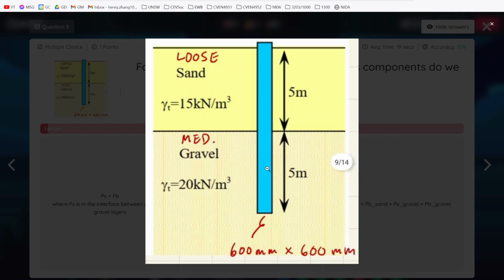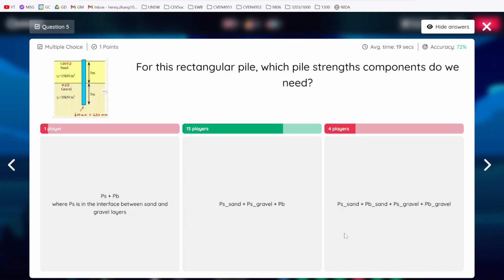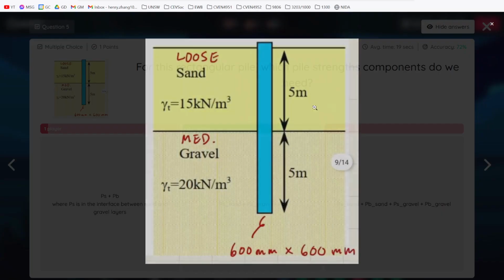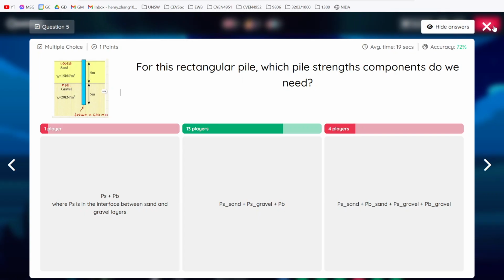In this case, because there's no water effects, these will both be in the middle of these layers. And we always care about just the base of the entire pile. Some of you might have chosen PB sand, but we don't care about the base at the interface between the materials. We only ever care about the base strength at the very base of the pile, okay?